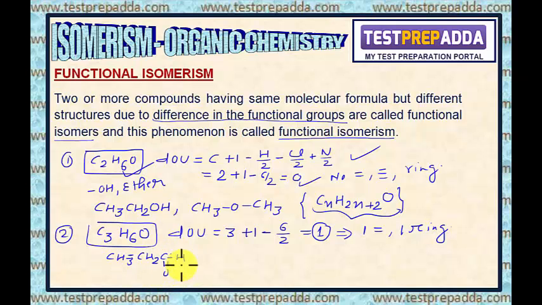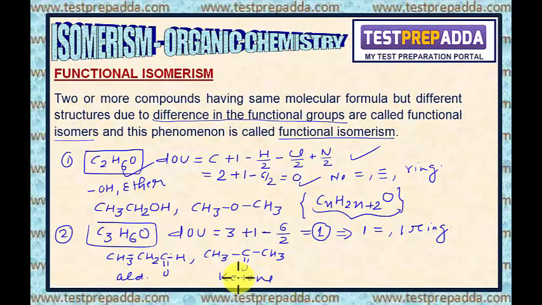So the molecular composition is matching here. So this is one of the isomers. If we are able to write aldehyde, we can also write ketone. So the CO position will change like this. This is another isomer of this molecular composition. That is aldehyde, this is ketone.